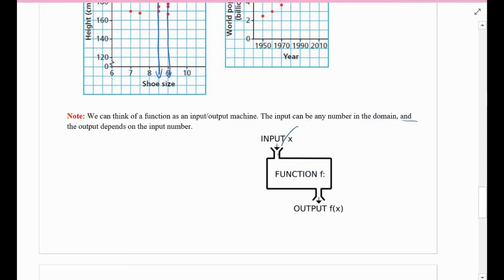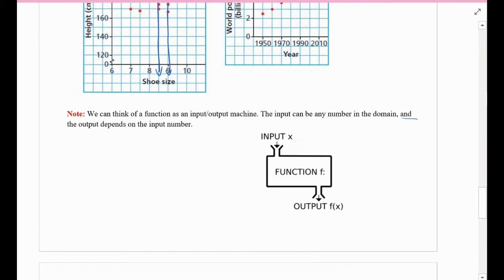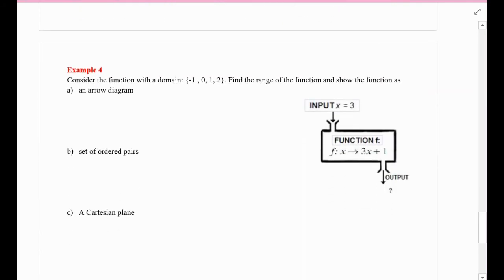If you put in one input value, then the output should be only 1. Each input should have only one output to become a function. Okay? Alright.